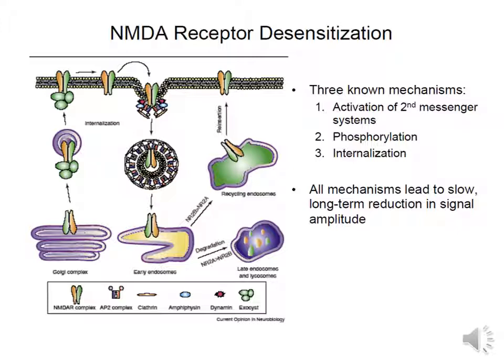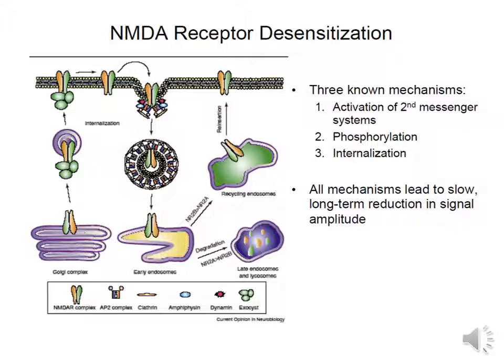There is internalization of the receptors via endocytosis into the intracellular space. They can then undergo different processes such as recycling back into the membrane or degradation into late endosomes, so that the proteins of the receptor are degraded.